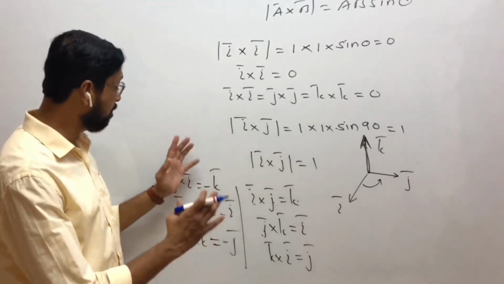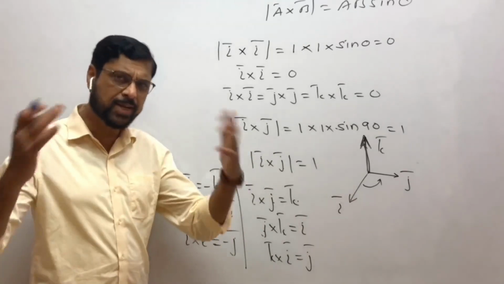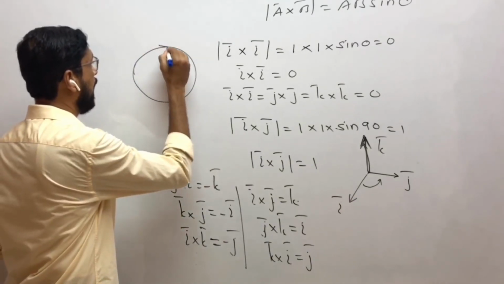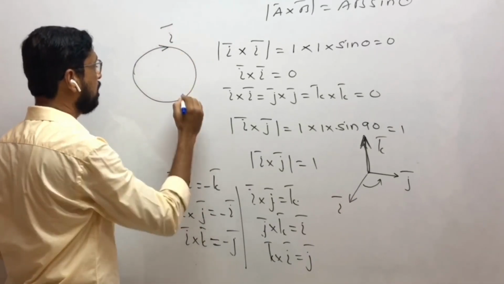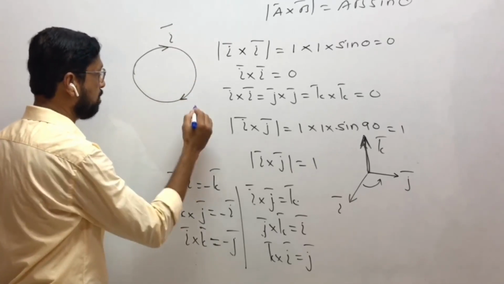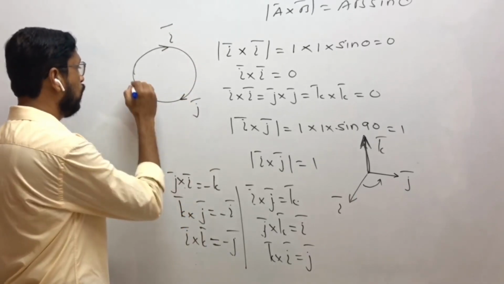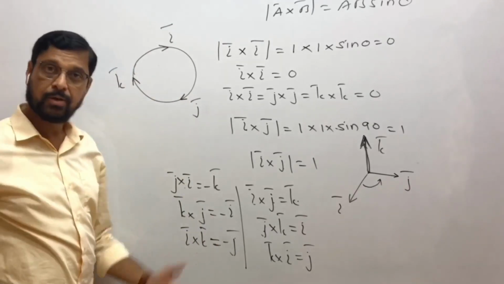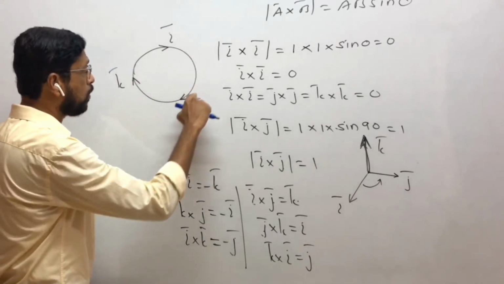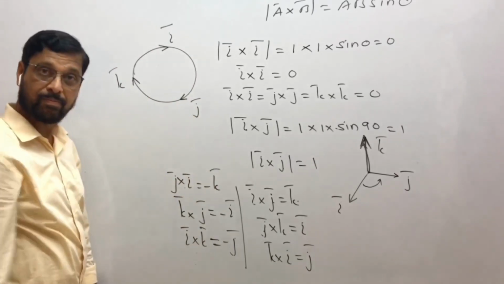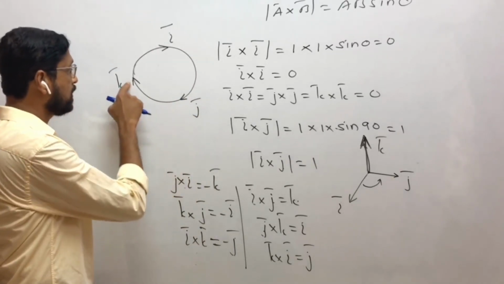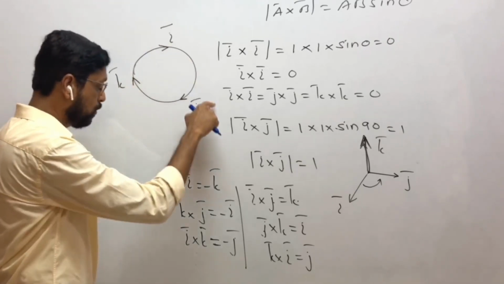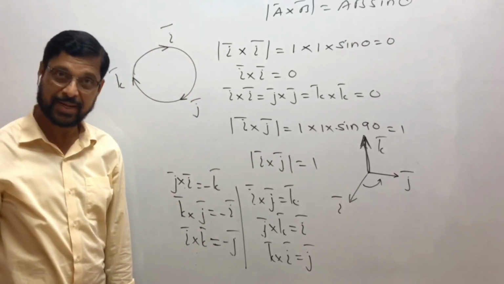Now how to remember this? How will we remember it? Very simple it is. Draw a circle like this, and show arrows. Suppose this is I, in the same direction J, in the same direction arrow K: I, J and K. Very simple. I cross J is equal to K, J cross K is equal to I, K cross I is equal to J. Getting the point?